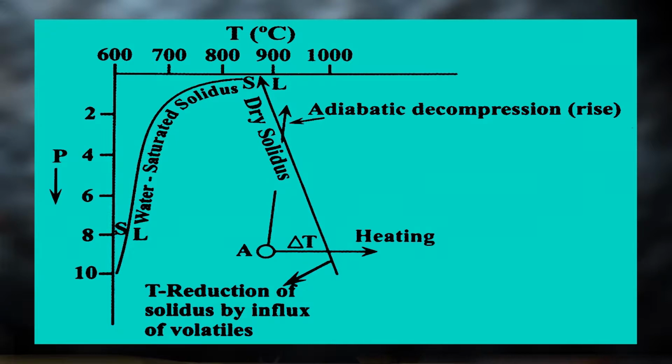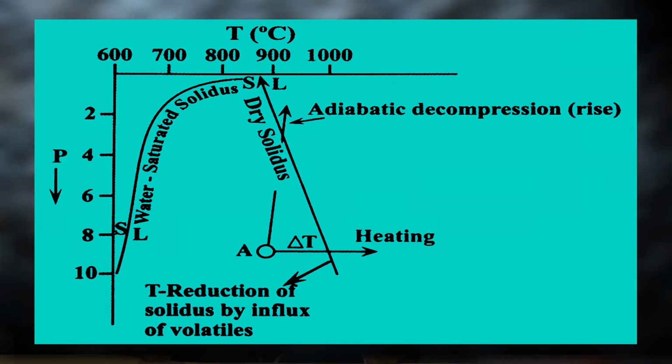Melting or partial melting occurs when temperature increases, or pressure decreases, or if activity of H2O, that is water influx, occurs. The effect of these three agents of melting, which are also agents of metamorphism, can be easily understood with reference to the figure. It shows dry and wet solidus curves.